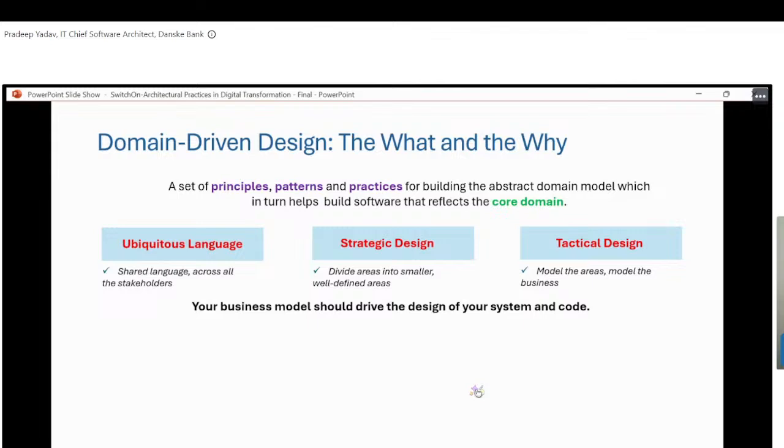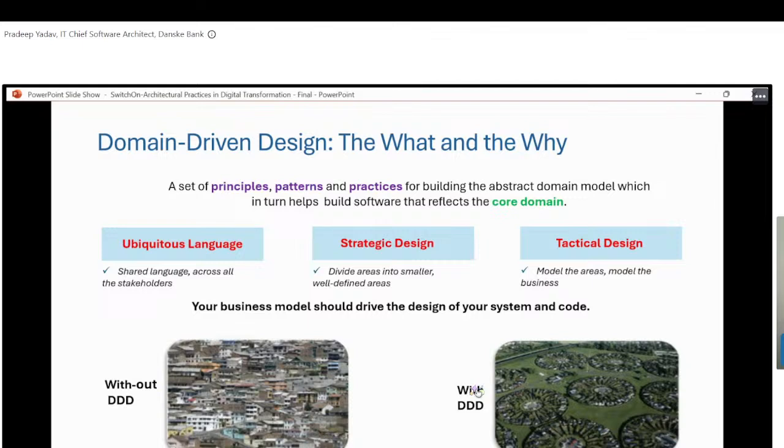From there we move into solution mode, where each subdomain is called a bounded context, and then we define the domain model within it. The tactical part talks about design patterns and how we can create a loosely coupled packaging structure, and so on.